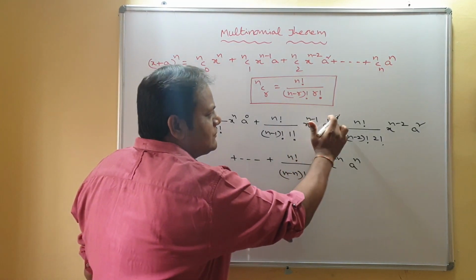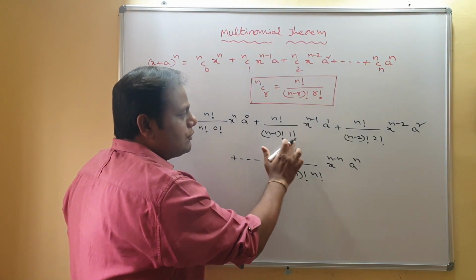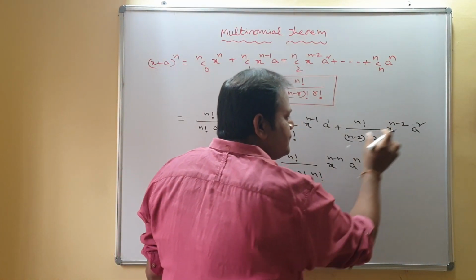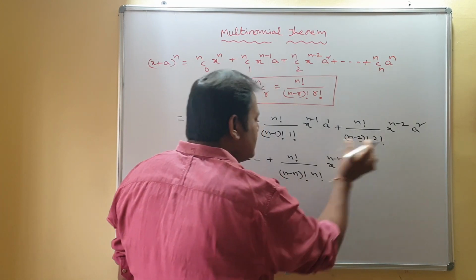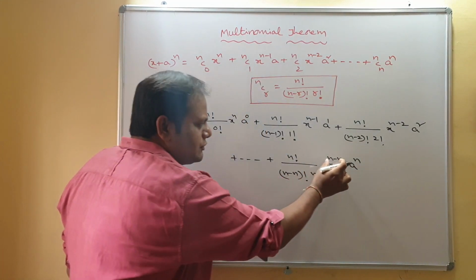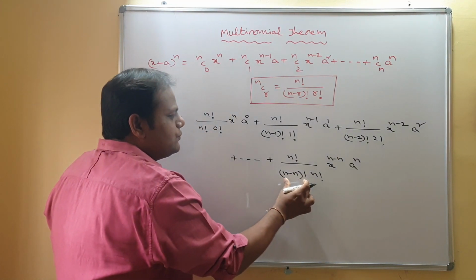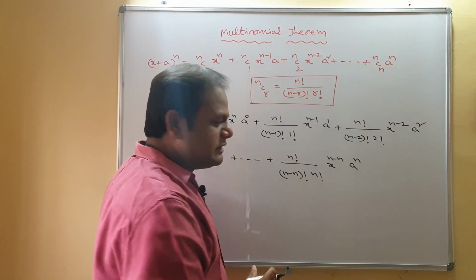Here we have n minus 1 and 1, so in the denominator n minus 1 factorial, 1 factorial. Here n minus 2 and 2, so n minus 2 factorial and 2 factorial. Like that, in the last term also, n minus n and n, so in the denominator n minus n factorial into n factorial.